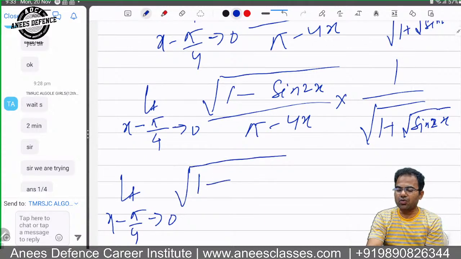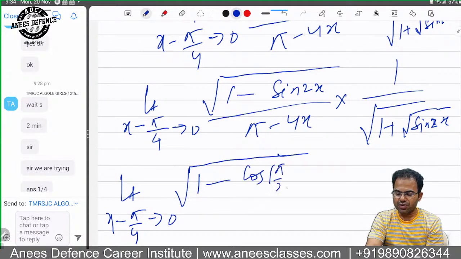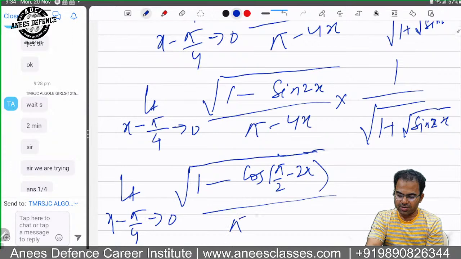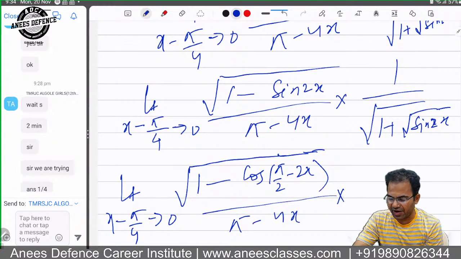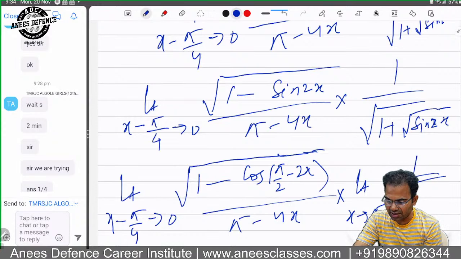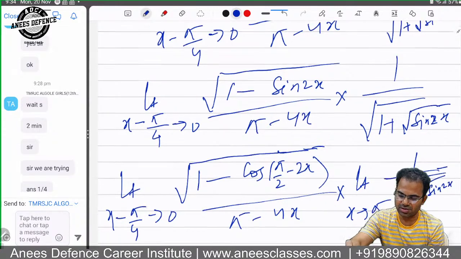I will convert sine 2x into cos. Okay. So it will be cos pi by 2 minus 2x upon pi minus 4x. I can separately find limit of this part, second factor. So limit x tends to pi by 4, 1 upon under root 1 plus under root sine 2x.